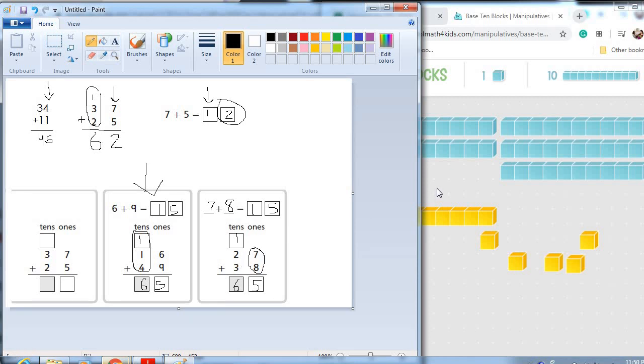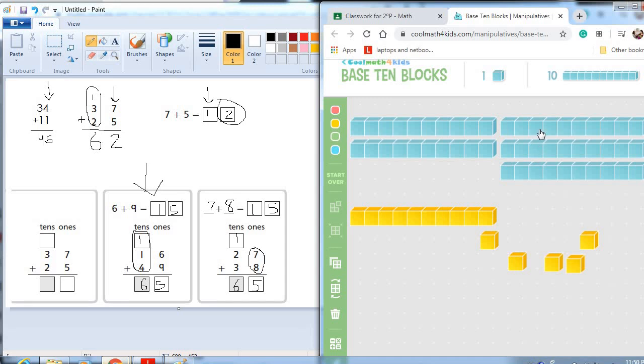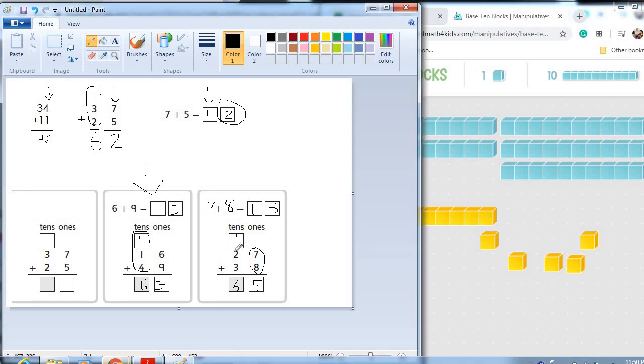And now I'm going to count. 1, 2, 3, 4, 5, 6. 60. Yep. 1, 2, 3, 4, 5. 65. So 27 plus 38 is 65, and 16 plus 49 is 65.